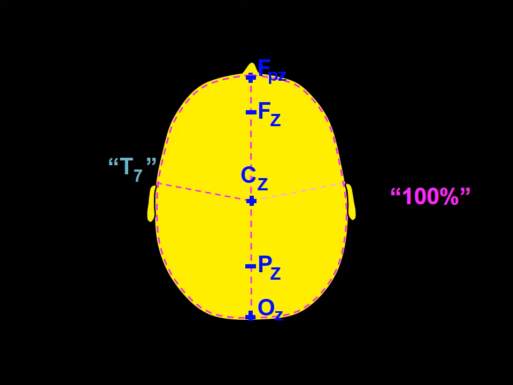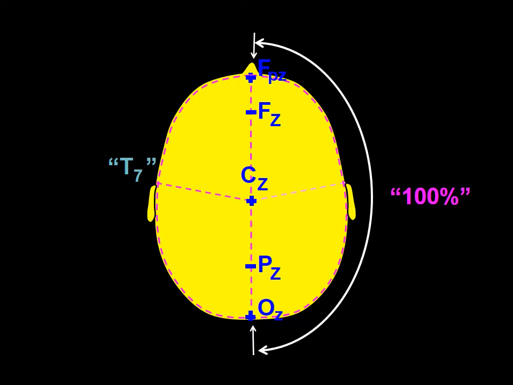From this point on, when we talk about the circumference of the head, we refer to the measurement going through FPC, tentative T7, OC, and tentative T8. I will convey this situation by extending a line from FPC and also from OC.